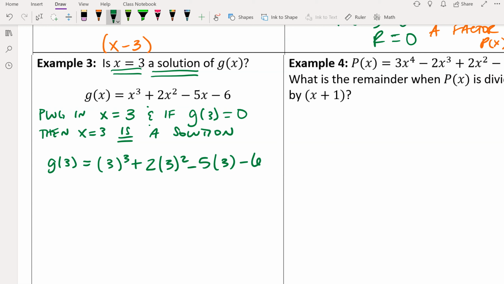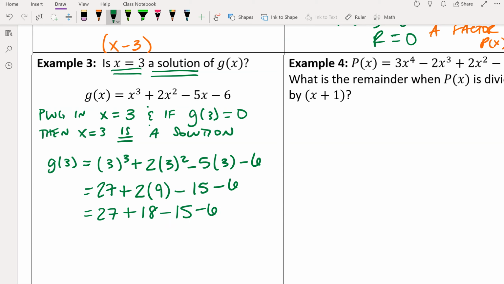All right, and we need to know how to do all these without a calculator. 3 cubed is 27 plus 2 times 3 squared is 9 minus 5 times 3 is 15 minus 6. And then I'm going to go ahead and do 2 times 9. So we have equals 27 plus 18 minus 15 minus 6.